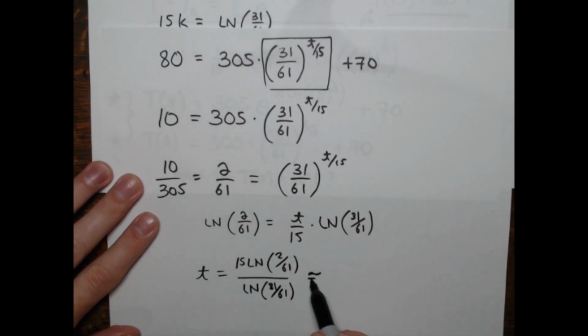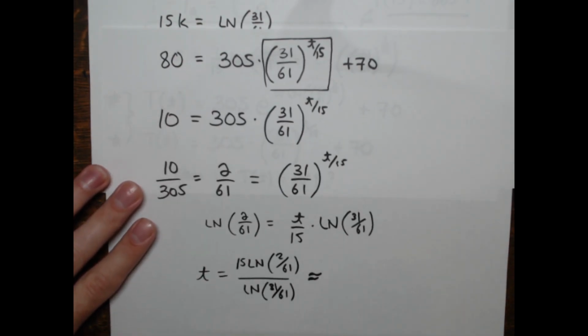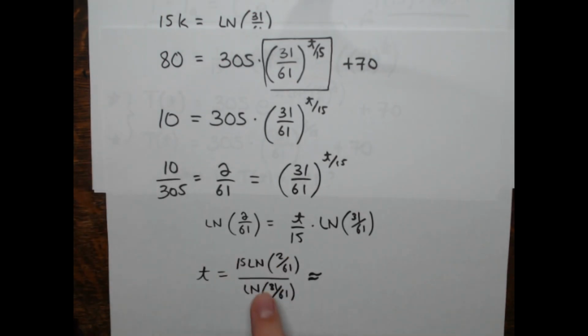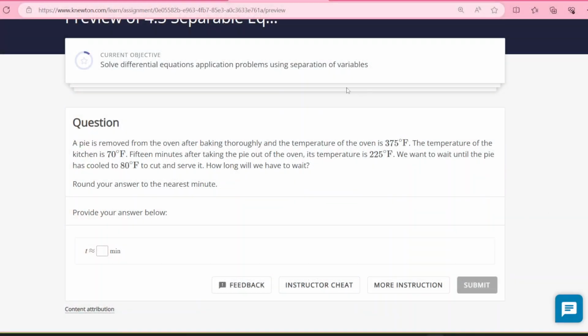All right, and then we're asked to round this to the nearest minute. Now t was in minutes here, so I'm just rounding to the nearest whole number. So let me enter this into a calculator.